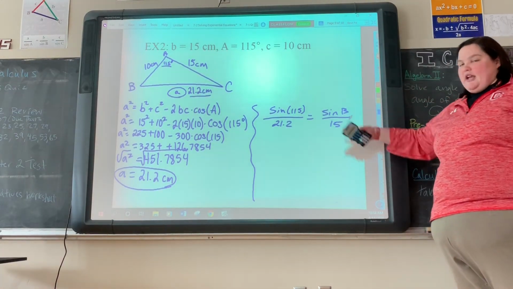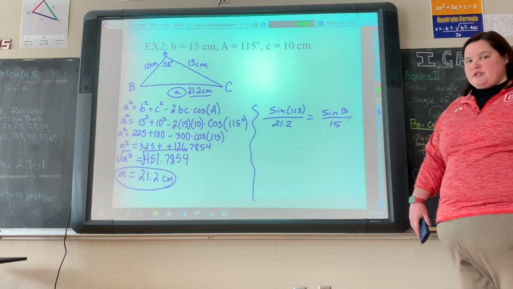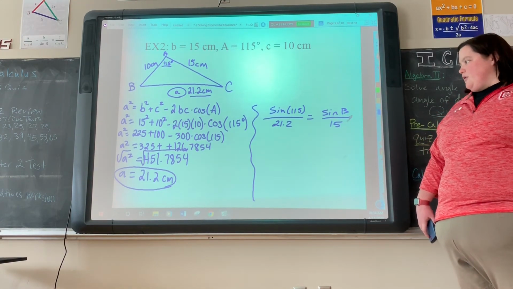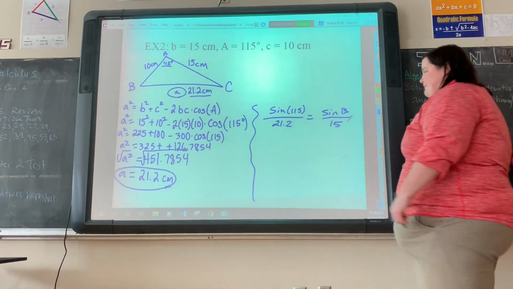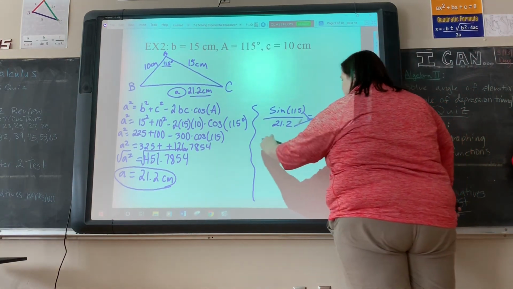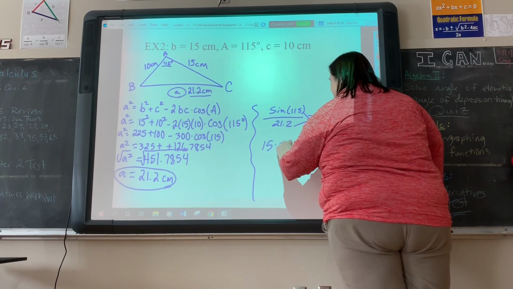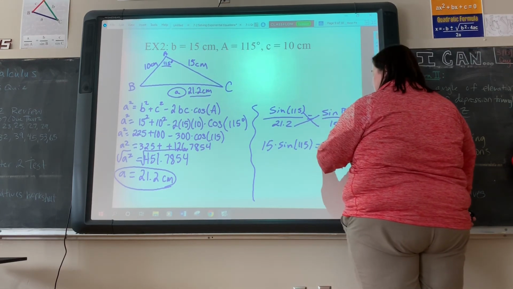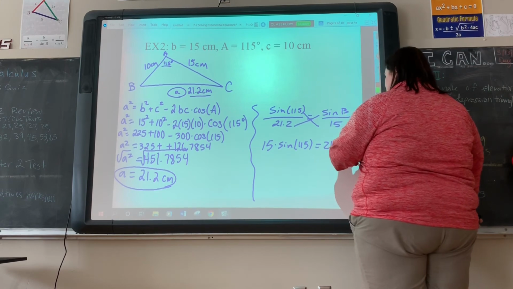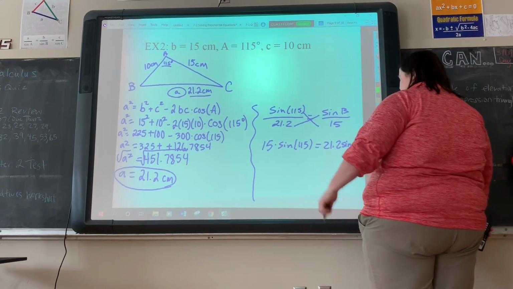Again, since we're finding an angle, we will have to end up using an inverse to do that. So we'll have to use inverse sine here in a little bit. But I'm going to do my cross multiplication now. So I got 15 times sine of 115, and that equals 21.2 sine of B. Okay.